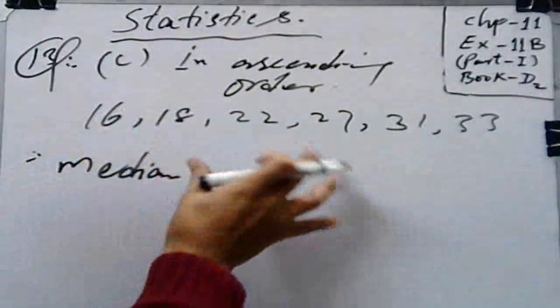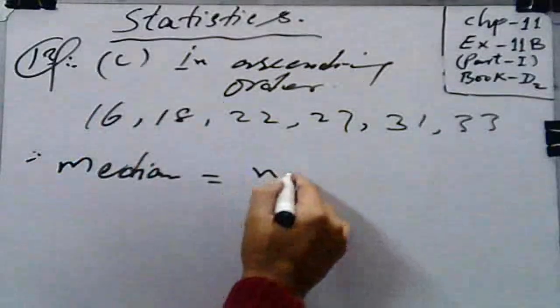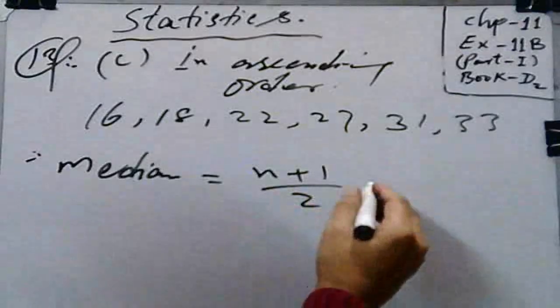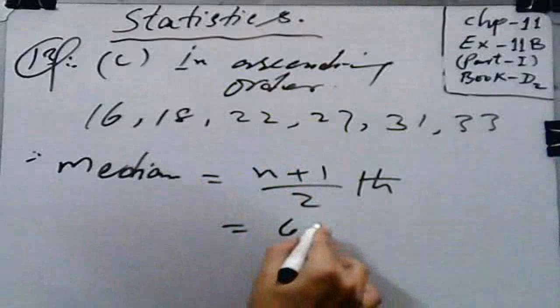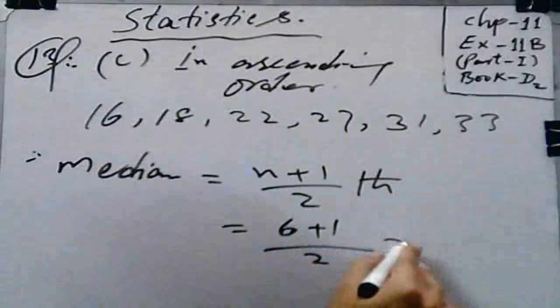So 6 is even. For even n we have the formula n plus 1 divided by 2, so that will be your term. Putting 6 plus 1 divided by 2, you will get 7 by 2.